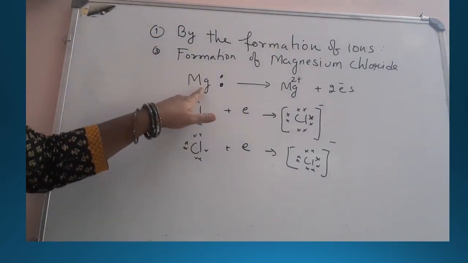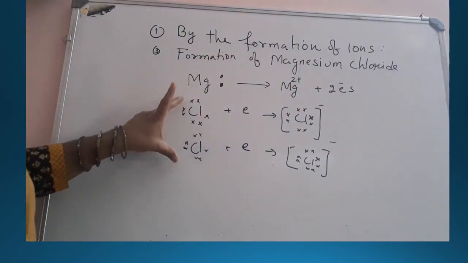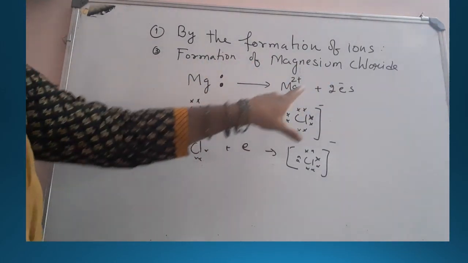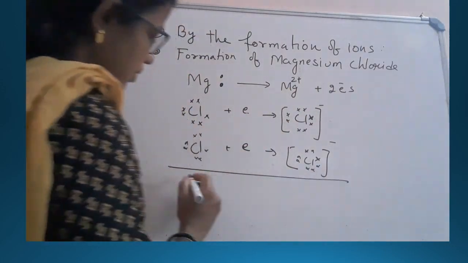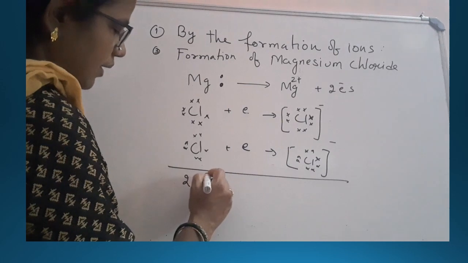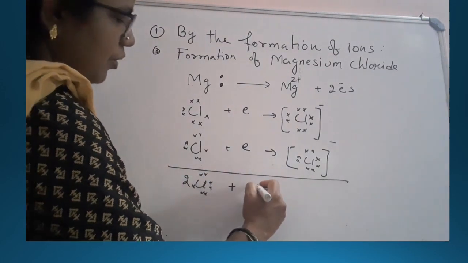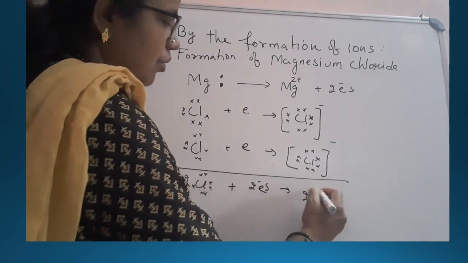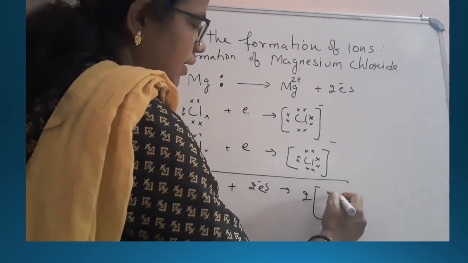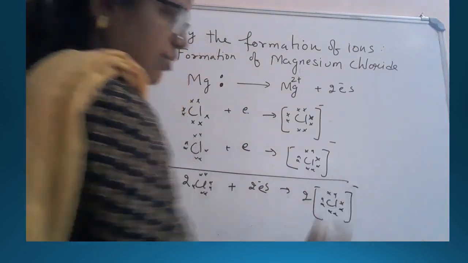As the electrons lost by the magnesium atom are 2, there must be 2 chlorine atoms to gain these 2 electrons, 1 plus 1, 2 electrons. So overall we can say 2 chlorine atoms can gain 2 electrons to form 2 chloride ions.